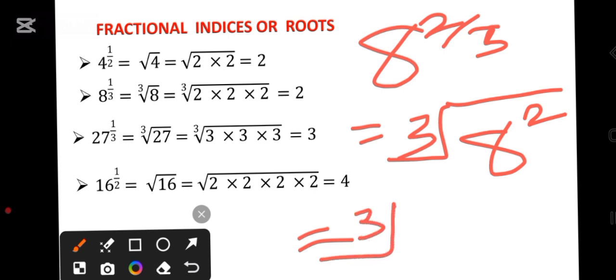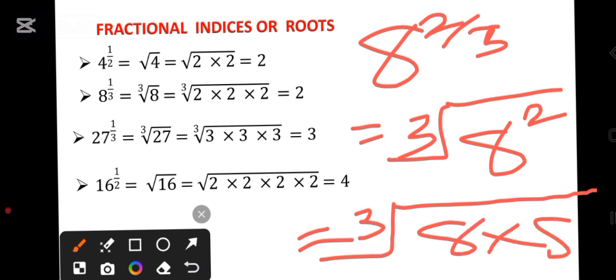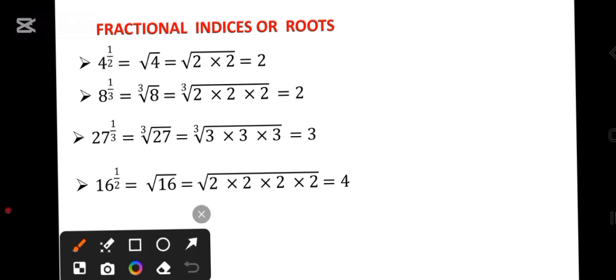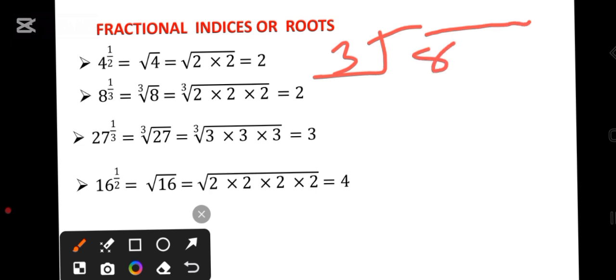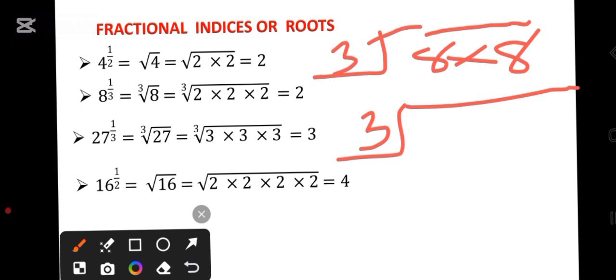This is the cube root of 8 times 8. That's what it means. 8 times 8 can be expressed as this: 2 times 2 times 2 times 2 times 2 times 2.